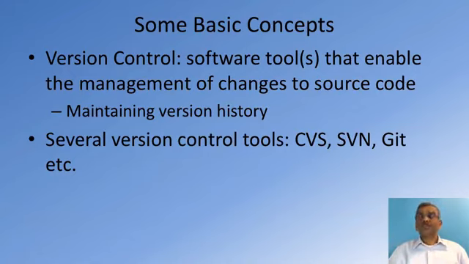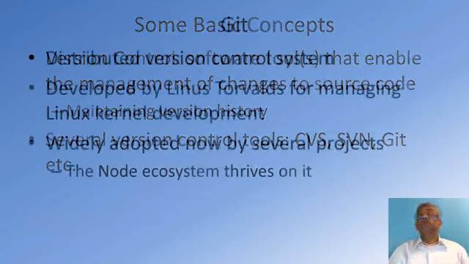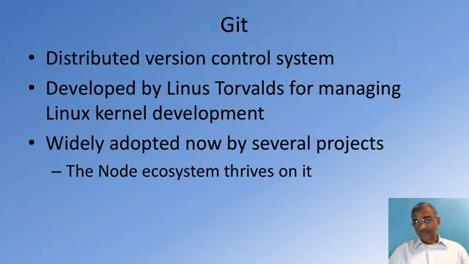There are various version control systems in use in the real world, including CVS, SVN, and Git, which is a very popular mechanism for version control these days. Where did Git originate? Git was designed by Linus Torvalds, the person behind the Linux operating system.